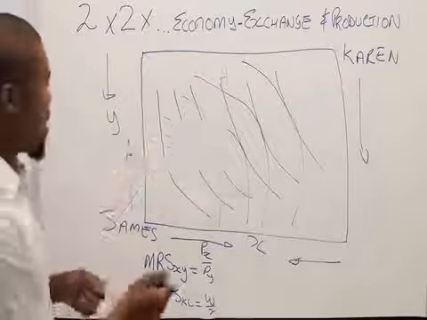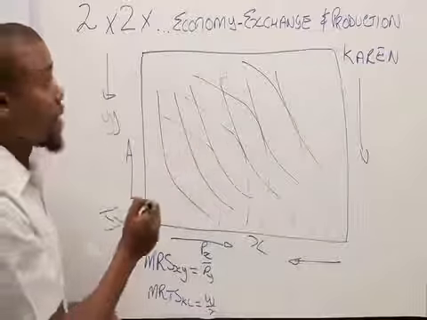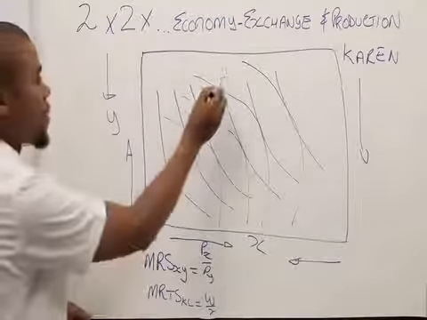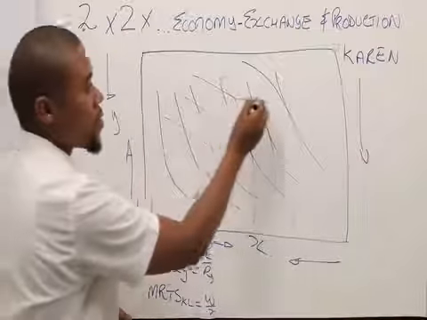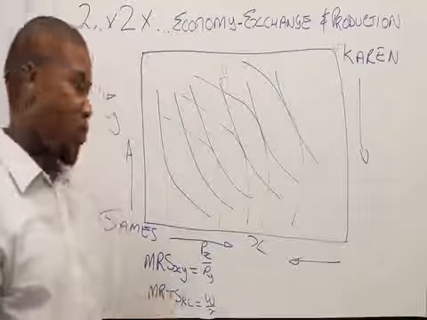At point A, James would be consuming a lot of Y, right? But Karen would be consuming just a little bit of Y, okay? So this is how the Y resource is shared between the two.